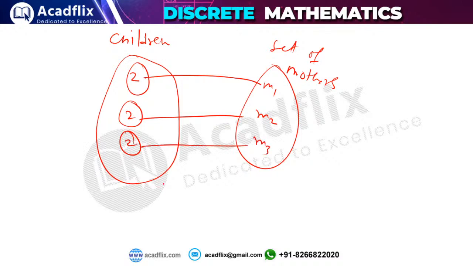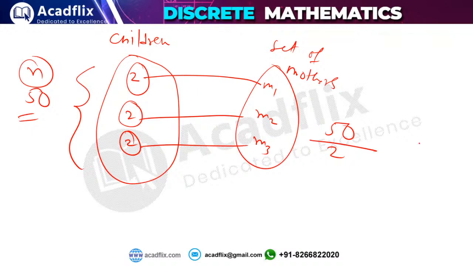Now the total number of children here is 50. Then how many mothers will be there? The mothers will be 50 divided by 2. Basically this is your N and this is your D, so N divided by D. Is it clear? This division rule is a very basic rule, and this is how you can apply it.